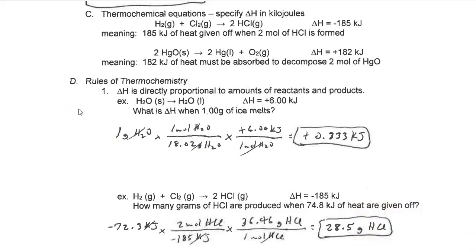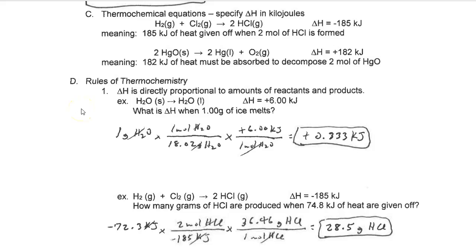Put simply, 1 stick of dynamite, big boom. 2 sticks of dynamite, bigger boom. Actually, exactly twice the boom. If I had a half stick of dynamite, then you would only have half the boom. The amount of heat given off or taken in is directly proportional to the amounts of reactants and products.